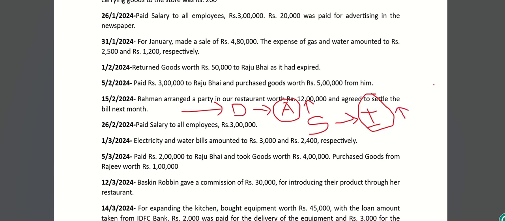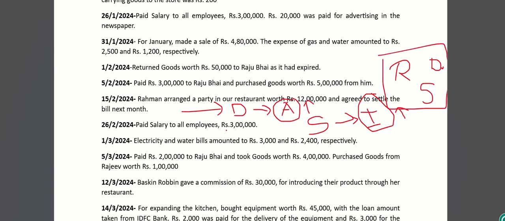When income increases, we should give credit because as per the LIC rule, when liability, income and capital increase, we should give credit. The debtor being an asset, when it increases, we should give debit to it. So the journal entry would come as Rahman account debtor to sales. Hope it is clear for you.